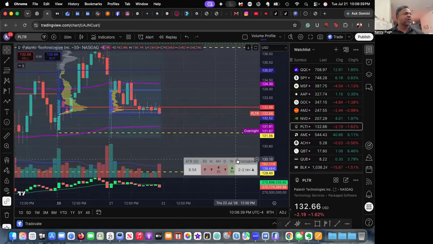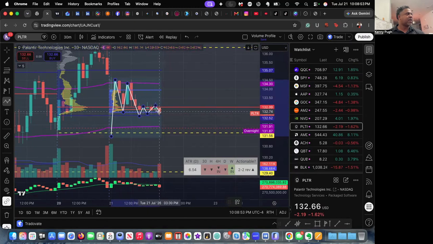Let's go to Palantir. Once again, similar. We saw a lot of choppy action today, and we saw a big move up here. Then we came back down, then we went up, then we came back down, and then it consolidated at the end of the day. So if you didn't catch this initial move up or this initial pullback, then you would have seen a lot of chop towards the end of the day.